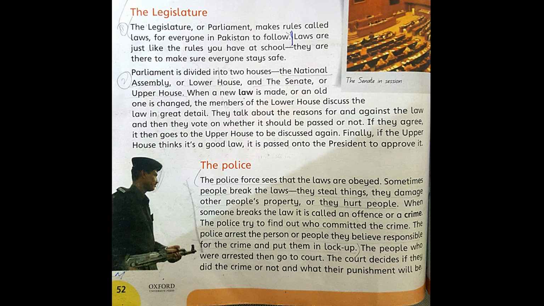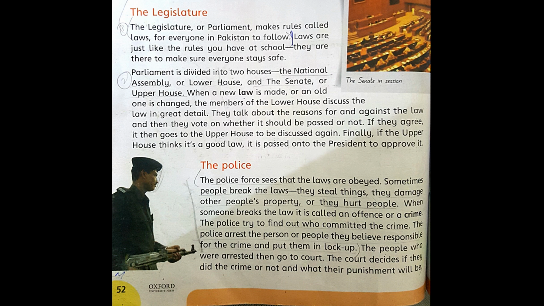If they agree, it then goes to the upper house, the Senate, to be discussed again. Clear? Finally, if the upper house thinks it's a good law, it is passed on to the president to approve it. Clear?